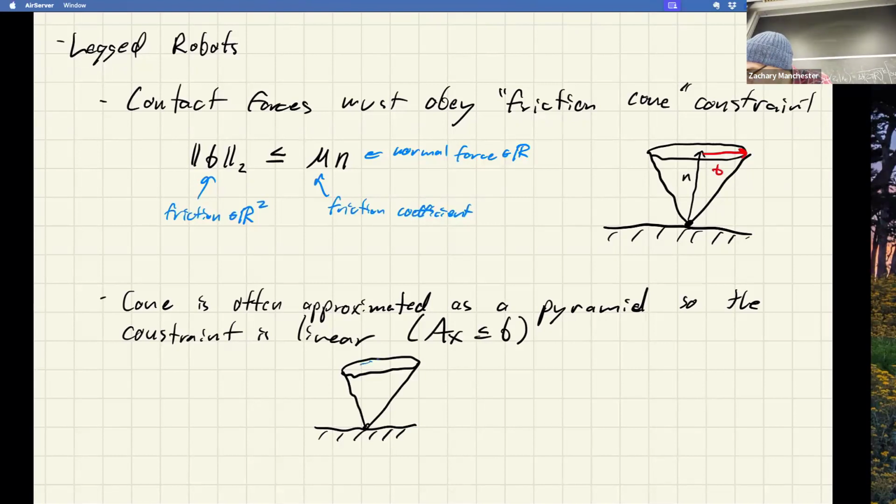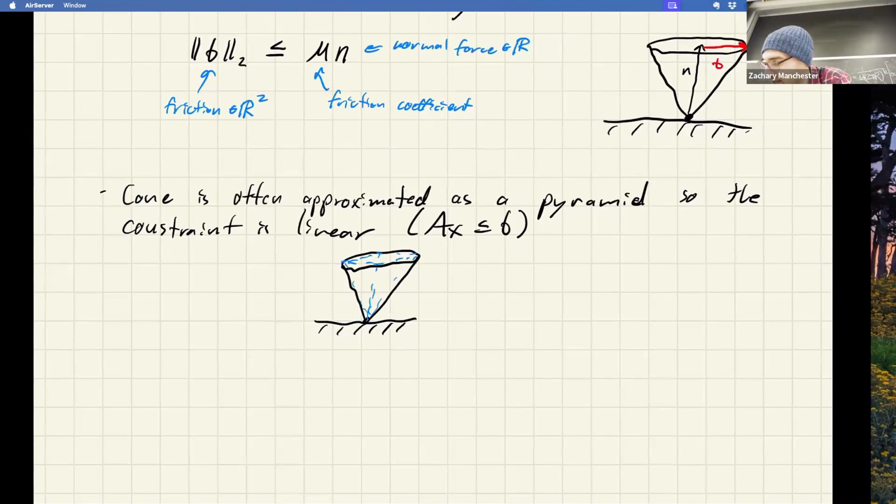What this would look like is you have your four sides of your pyramid. I don't know, that's not a great drawing, sorry. This whole scheme was originally popularized by Sangbae Kim's group at MIT on the Cheetah robot. And there's a series of papers where they develop this kind of stuff.